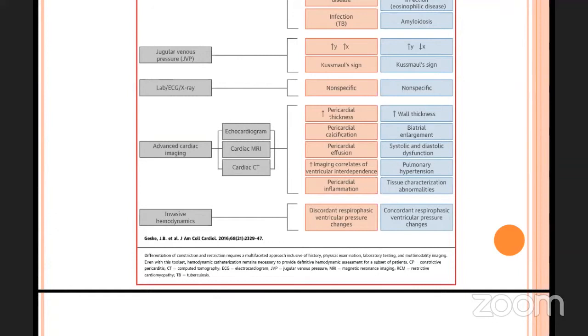It is the timing of the split. Normally, it takes 3 cycles for the split to be manifest, but in constrictive pericarditis, the split occurs within the first cycle. Abrupt splitting of the second heart sound with the onset of inspiration is one of the signs described very long ago, and that is a sign of exaggerated ventricular interaction.